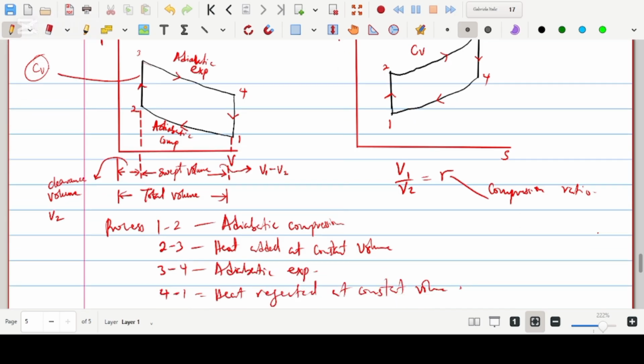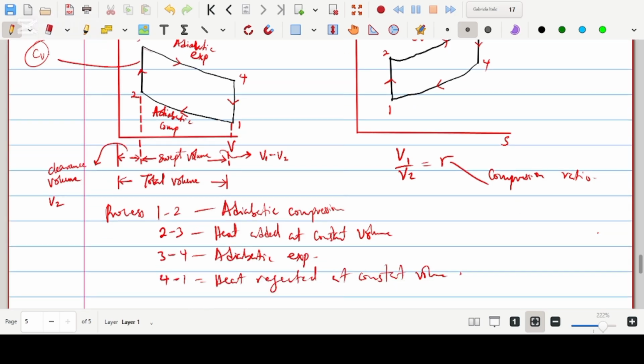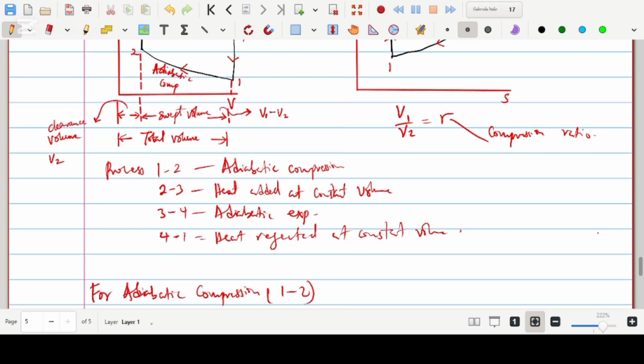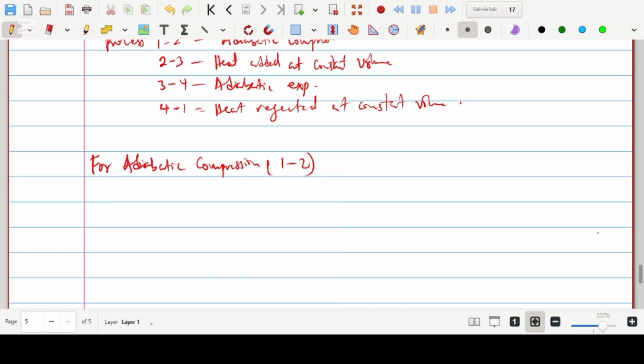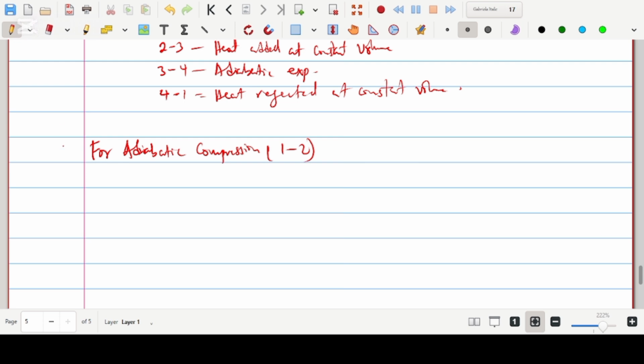Now we want to consider each process. But before we move on to the processes, let us quickly look at the efficiency of the Otto cycle.